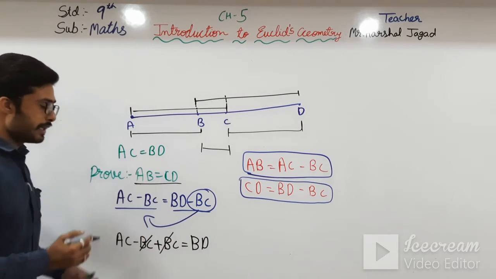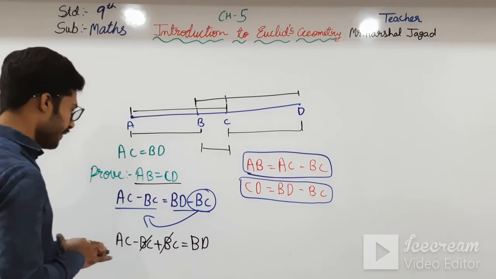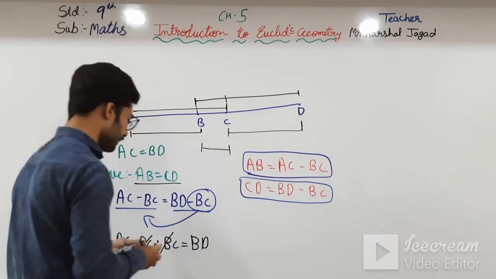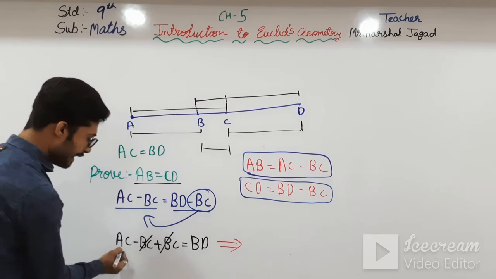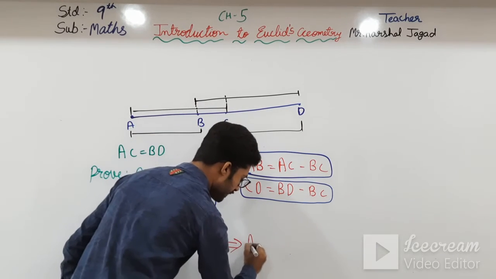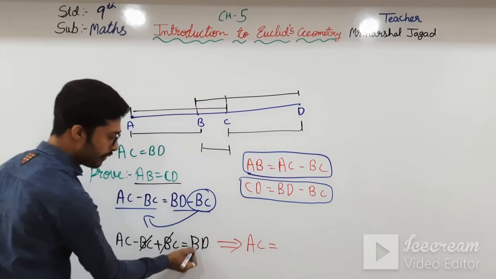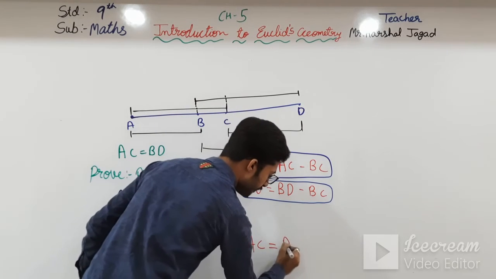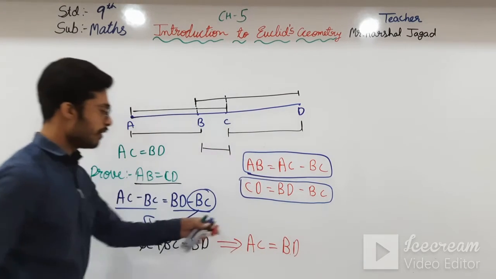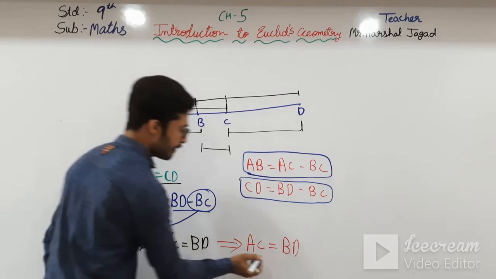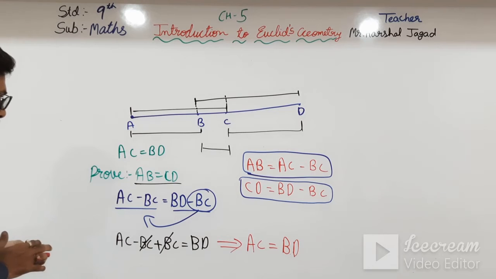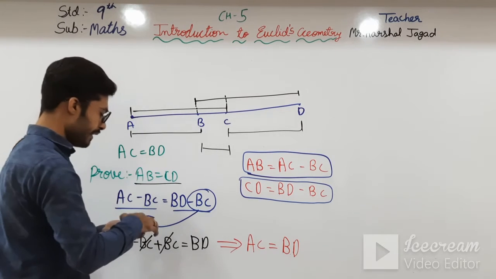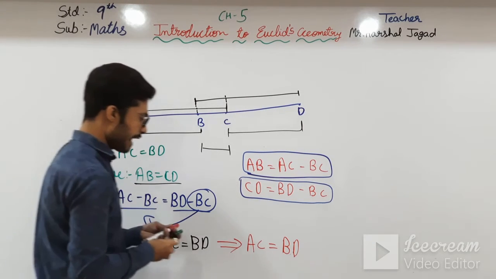So that will be cut off and we get AC is equal to BD. Okay, so this you have to do like this. So you can see here AC is equal to BD. We have just deduced that.